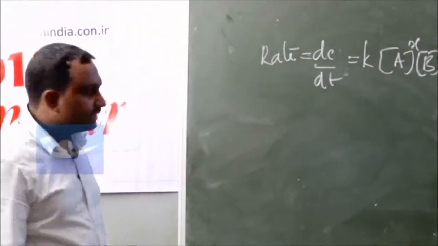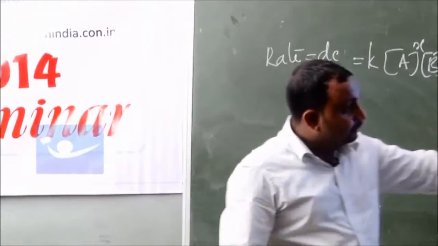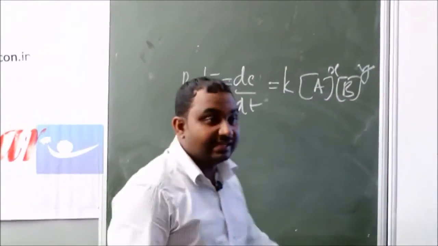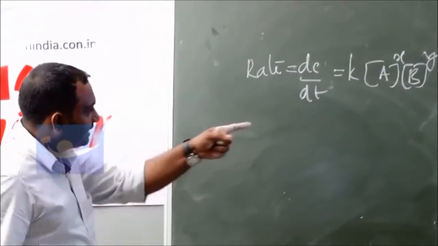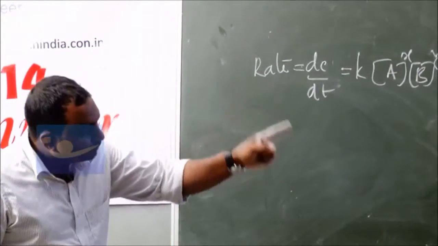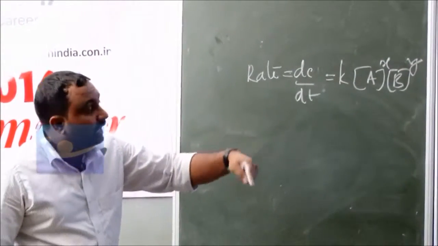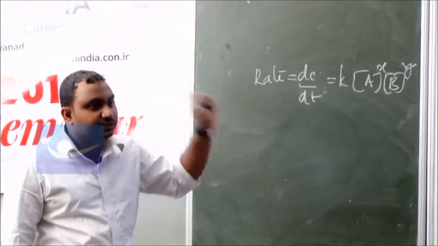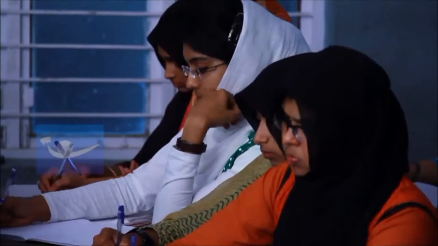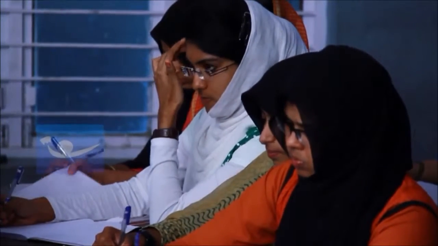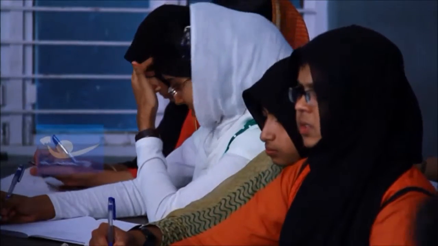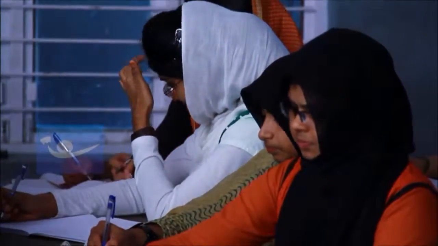So you have to write down like this, and you take the minimum value of molar concentration as the initial one. So first we will take 0.1 of A and 0.1 of B, and the rate is 1.2 into 10 raised to minus 3. And you will check, if you increase B by 2 times, what will happen to the rate of the reaction?